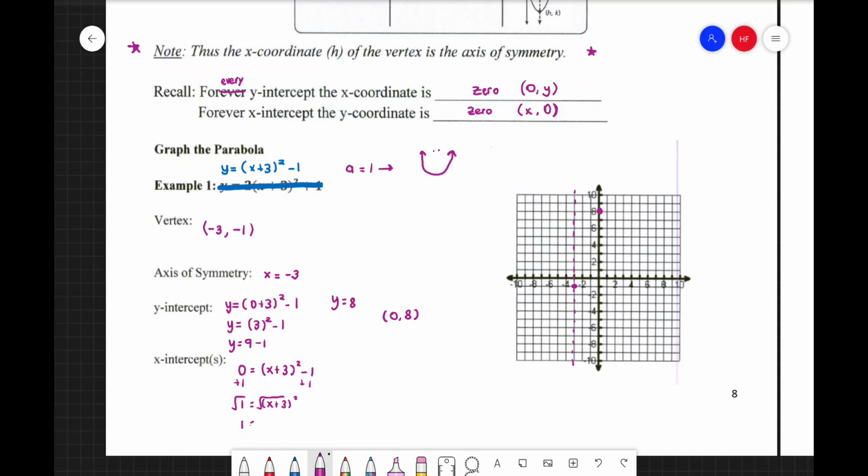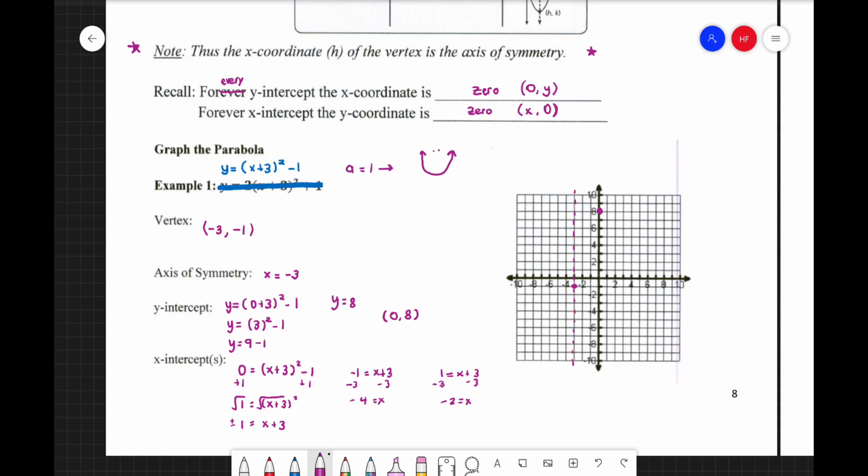And 1 equals x plus 3. But remember when we take the square root, we say plus or minus 1. So we have -1 equals x plus 3, and +1 equals x plus 3. So -3 on both sides, -4 equals x, -3 on both sides, -2 equals x.